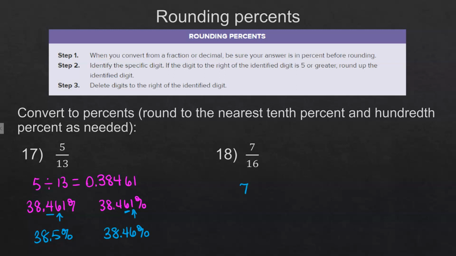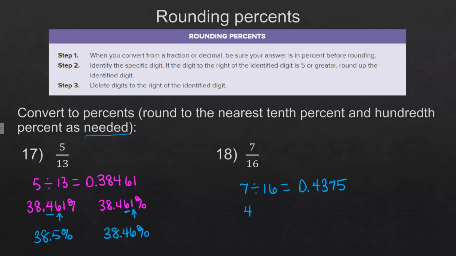And then we have 7 divided by 16 to convert this first to the decimal. Now this one does not have any decimals past that. So we just write out what we have, and notice it said as needed, right? Well, in this case, we're going to round for the tenths, but we won't have to round for the hundredths because it'll just stay like it is.